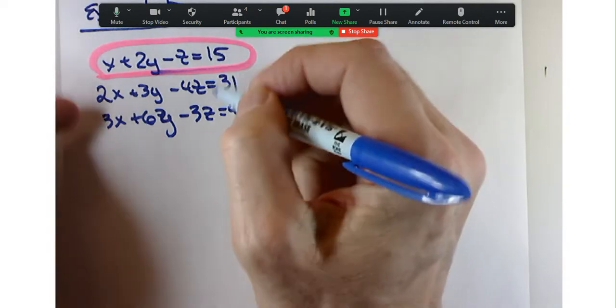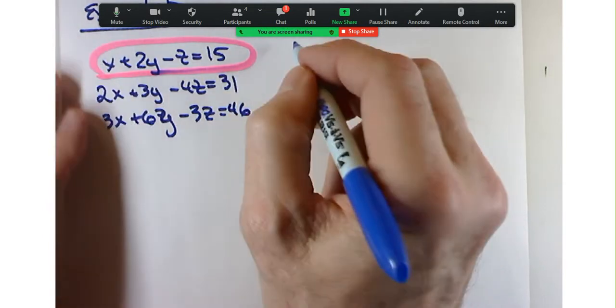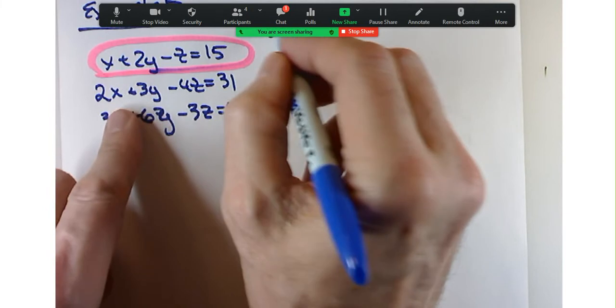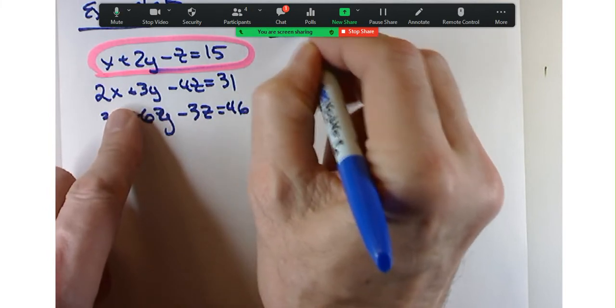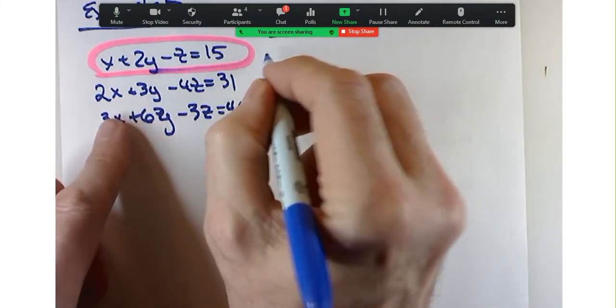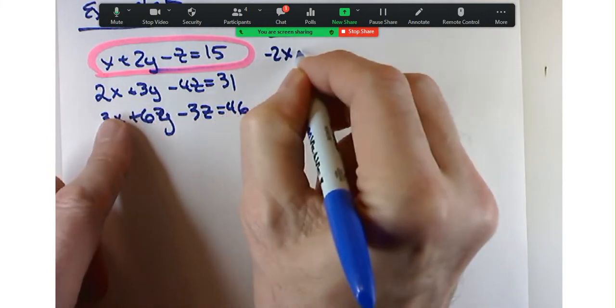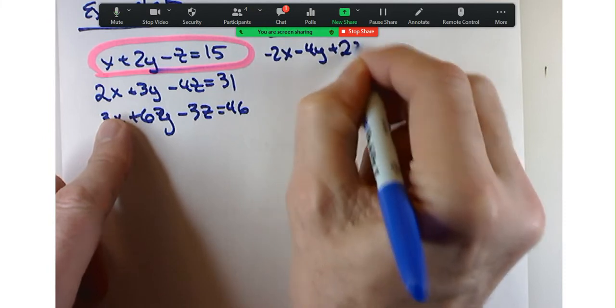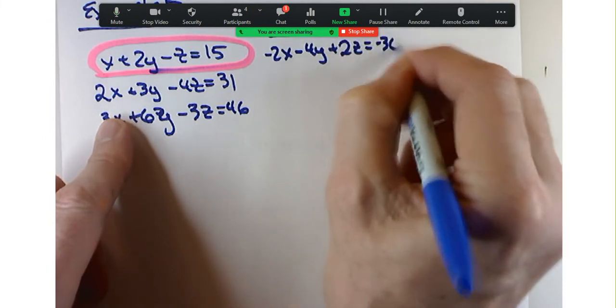So to get rid of the x here, I want to multiply the first equation by negative 2: negative 2 times row 1 added to row 2. So it's going to be negative 2x minus 4y plus 2z equals negative 30.